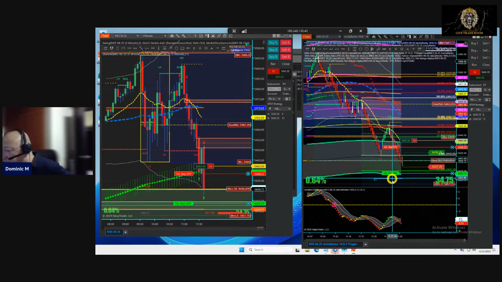So I may go after this pivot or even the -2 deviation here.